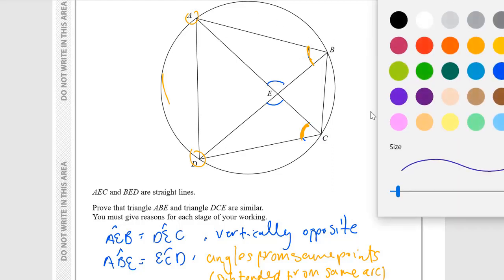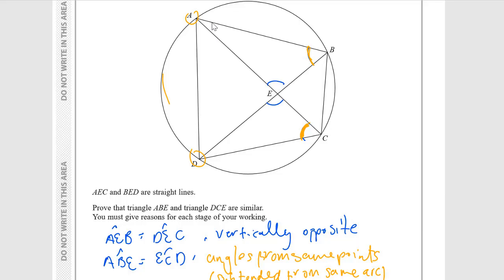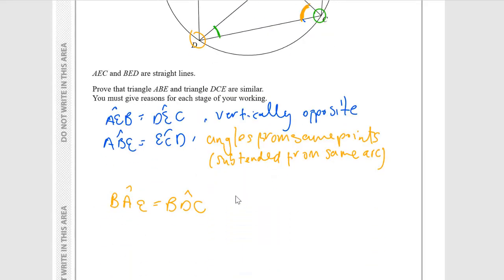I'm going to use the green here, so that one here. So these are the same because again they come from the same points. So again, subtended from the same arc. So same reason as above.